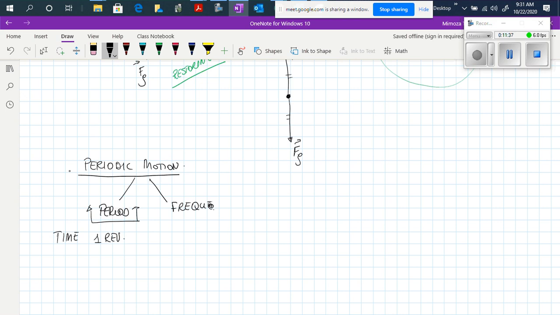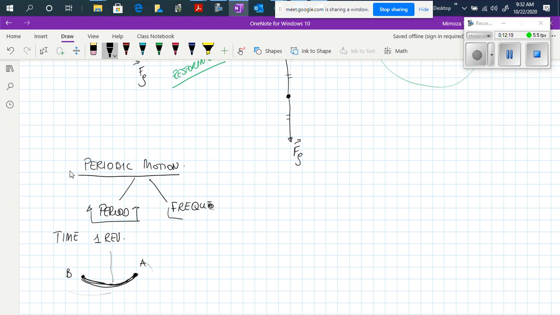In the case of the pendulum, it is the time that it goes from point A, the highest point, to the equilibrium, to point B, the highest point on the other side, and comes back to point A. So the time the object takes to complete one full revolution, from A to the equilibrium, to the highest point on the other side, back to the equilibrium and back to the starting point, is the period of the motion.